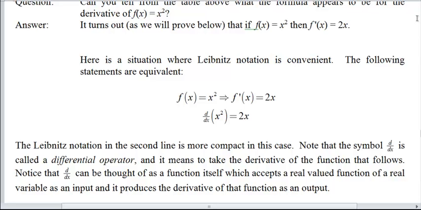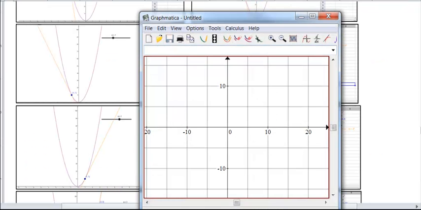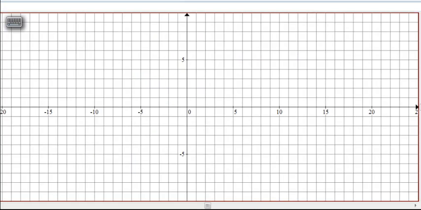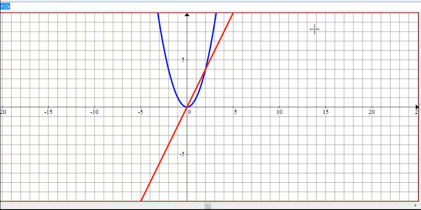Okay, let's take a look at something here. So we said, let's write this one again, y equals x squared, the one we've already just looked at, and then we said y equals 2x is the derivative function.